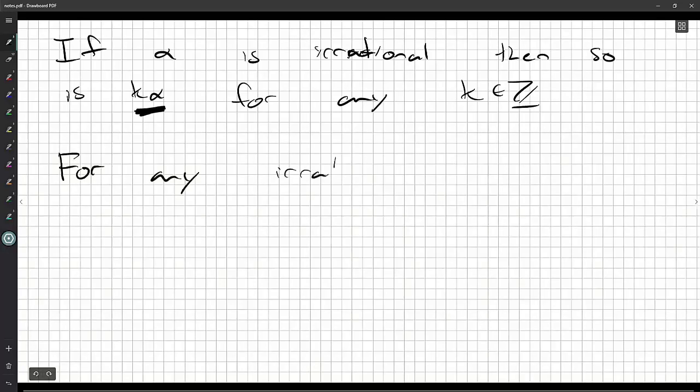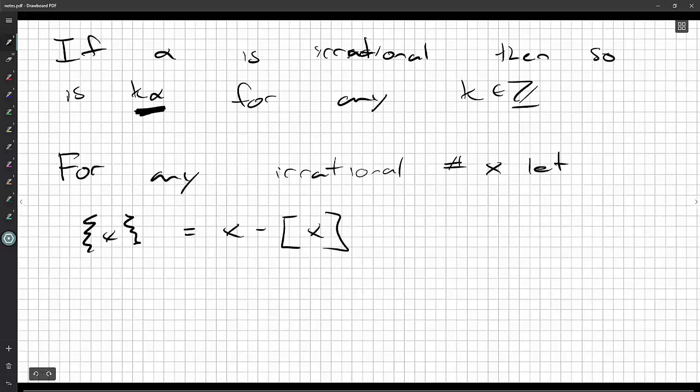So for any irrational number x, let squiggly x be x minus the floor function of x. I disagree with this notation, but that's okay. So this guy here is my beta.